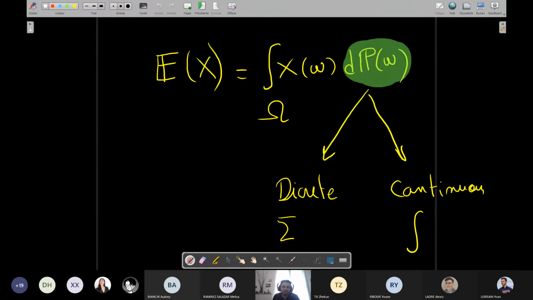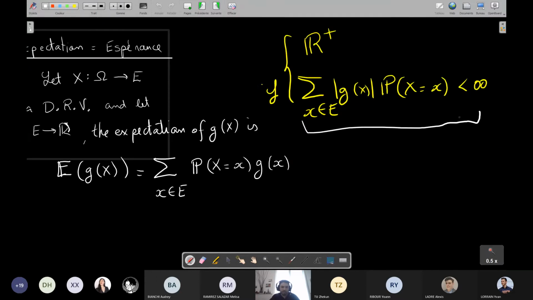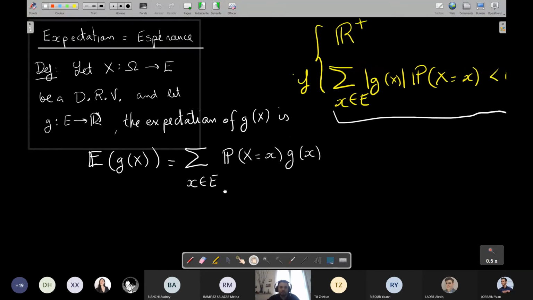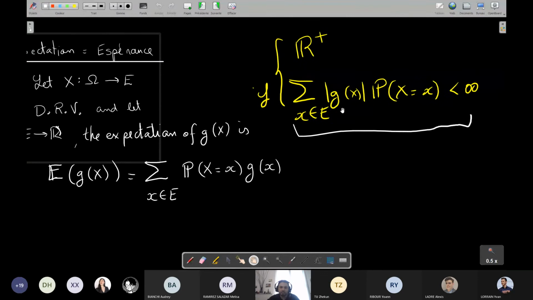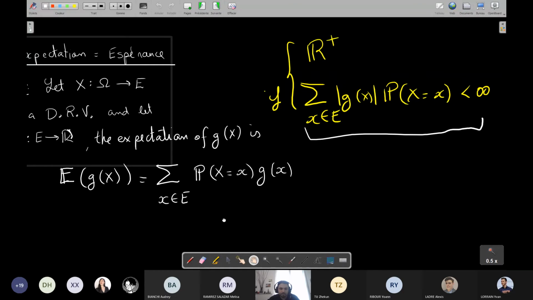So it's a mathematical technical reason, but it's important. And as you said, it's not necessary that the function G goes to positive numbers. It can take negative numbers, but if it takes negative numbers, then this summability condition has to be satisfied.